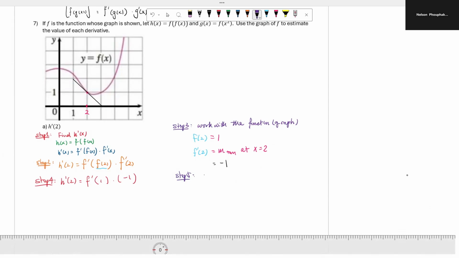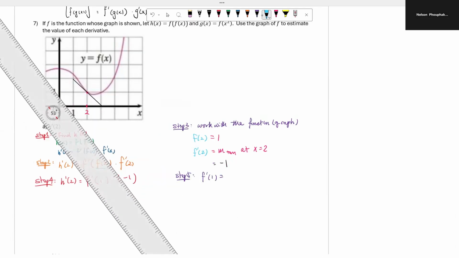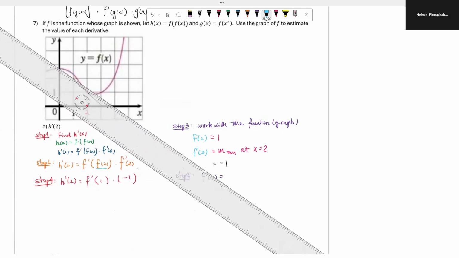We would like to find out what f prime of 1 is equal to. And again, 1 is right here. Now let's try this.